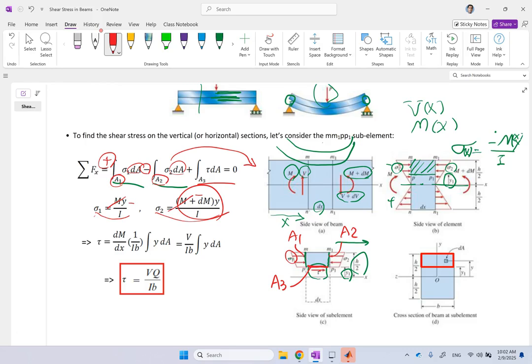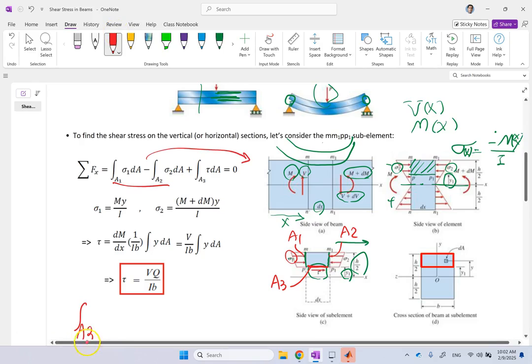So let's clean it up a little bit. As I said, if you simplify these two and take it to the other side, what do we get? We get the integral over A3 of tau dA is equal to the integral over A1 or A2, doesn't matter, they are the same thing, of dM and then y over I dA.